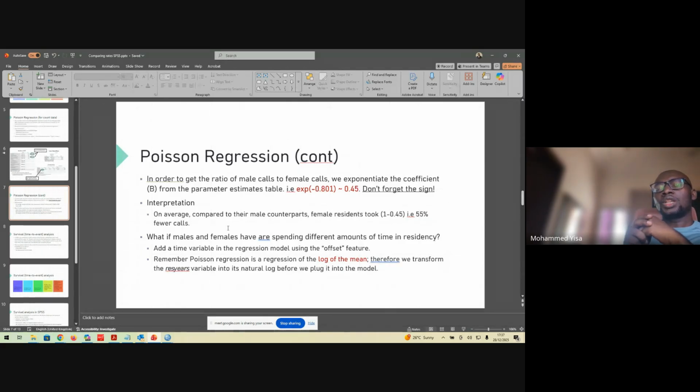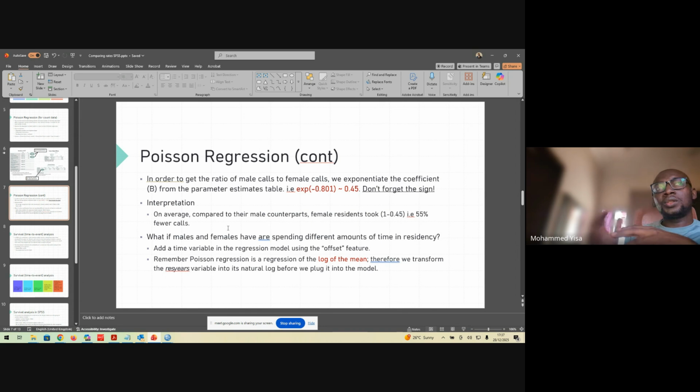So in that case, there is something called an offset feature, which basically adds the time variable into the regression model. So it basically tries to minimize the effect of time in making that prediction.